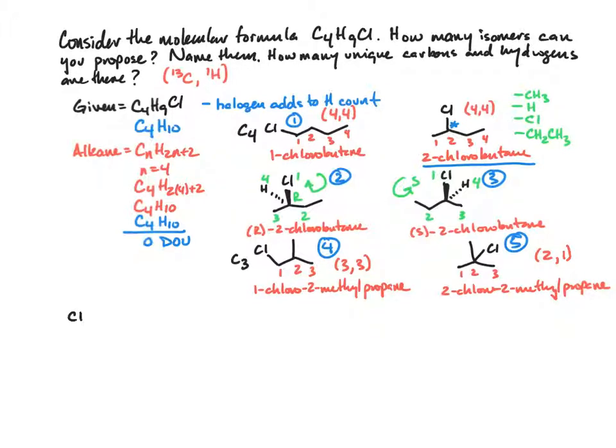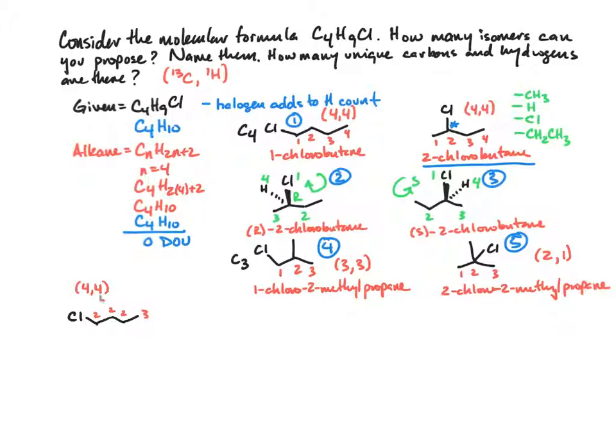So here's our 1-chlorobutane. And all we're going to do to determine the ratio of these hydrogens of the 4 unique is just count. The 1 position has 2 hydrogens, the 2 position has 2, the 3 position has 2, the 4 position has 3.